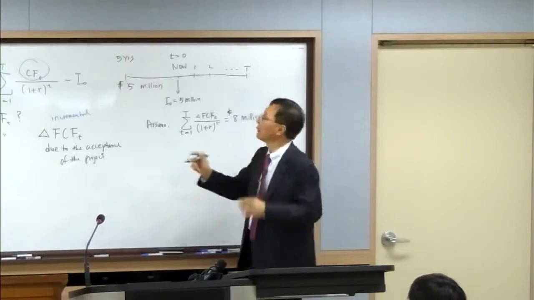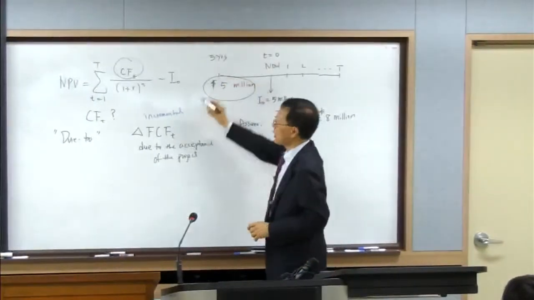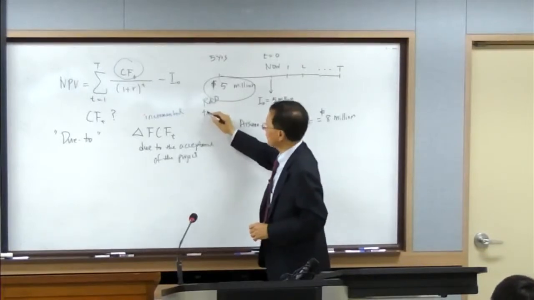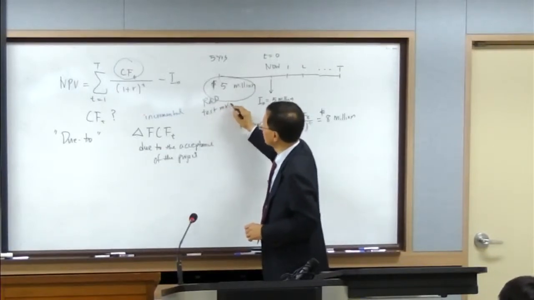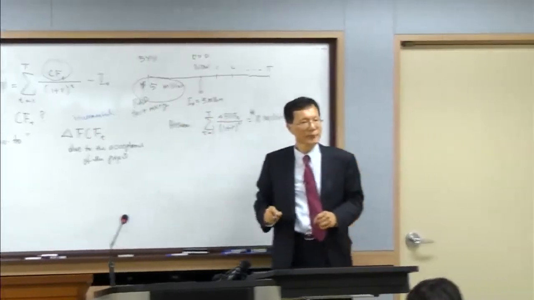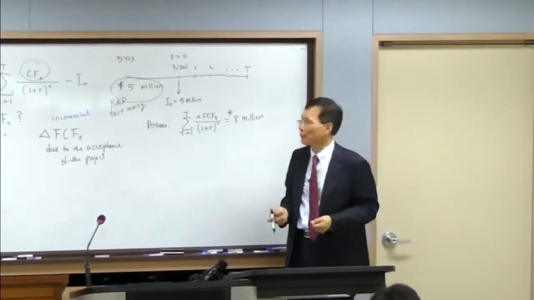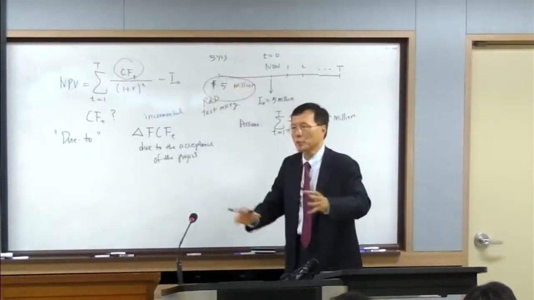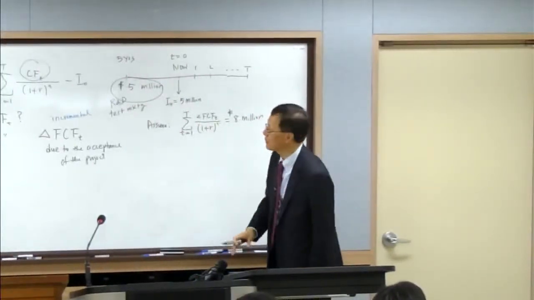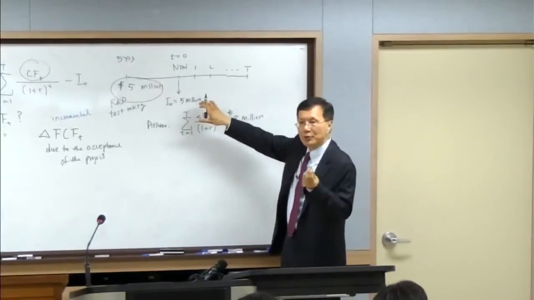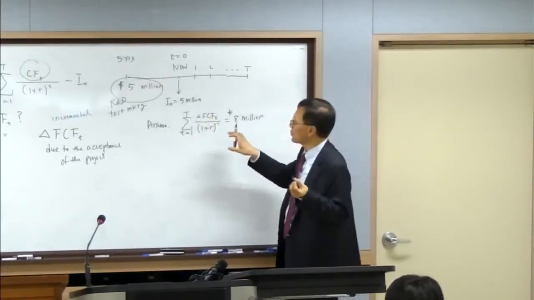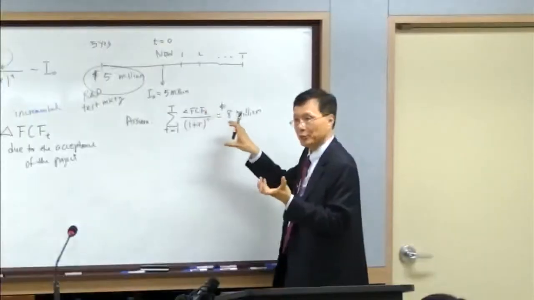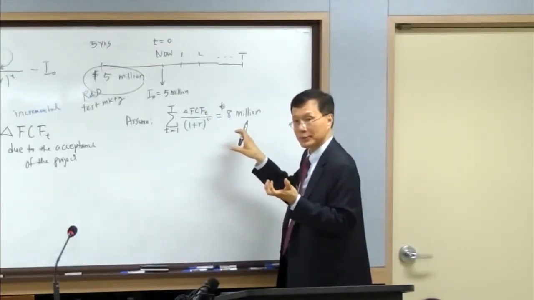Let me recap. The company has spent $5 million for R&D, test marketing and product development. The company has already spent $5 million, and the company is about to invest $5 million in order to have cash flows. The present value of those cash flows equals $8 million.